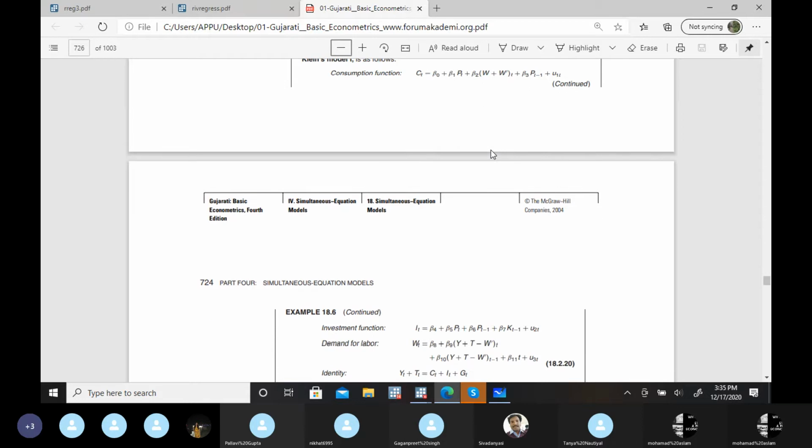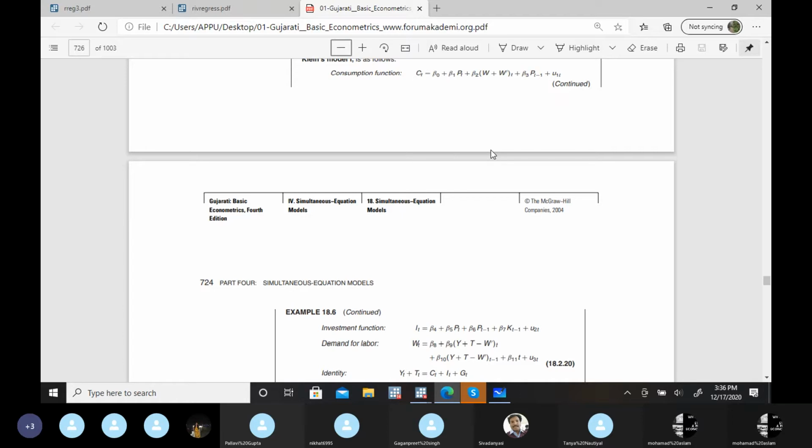Pallavi, if you are doing it. See, all the dependent variables are always endogenous. That's the simple rule that you have to keep in mind.